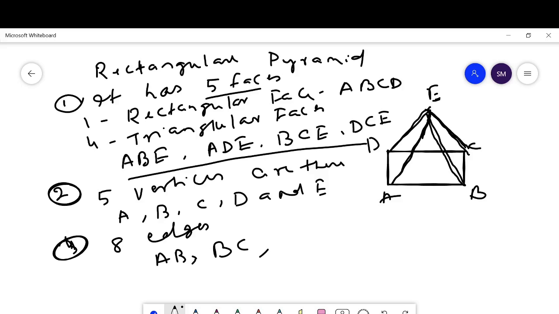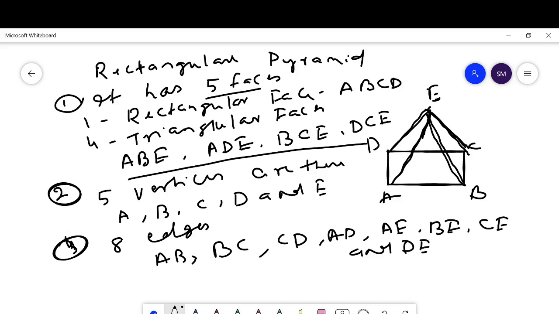The edges are A, B, B, C, C, D, A, D, A, E, B, E, C, E, and D, E. Those are the 8 edges of the pyramid. Okay.